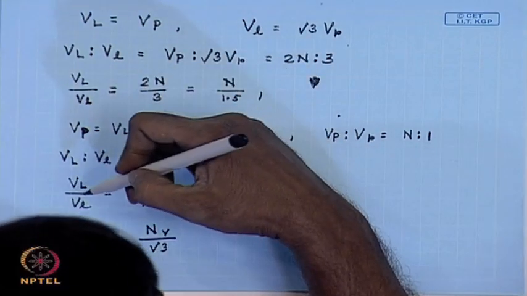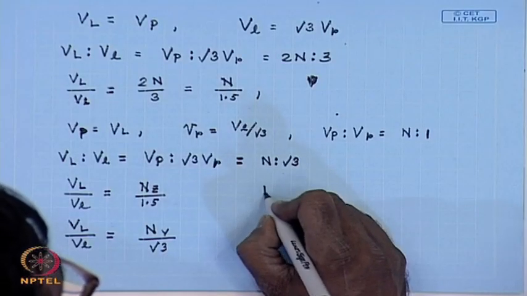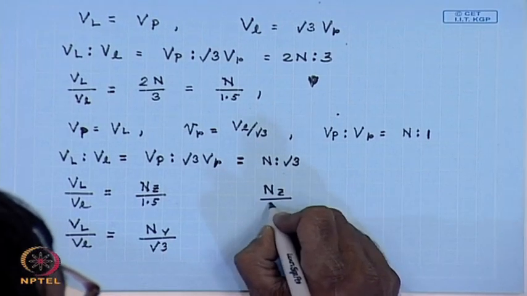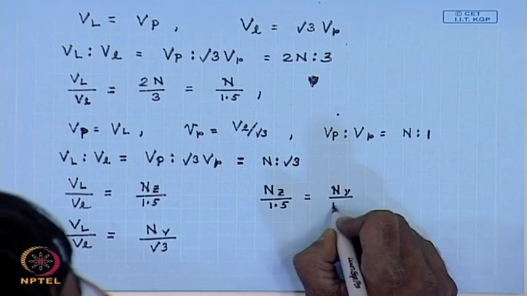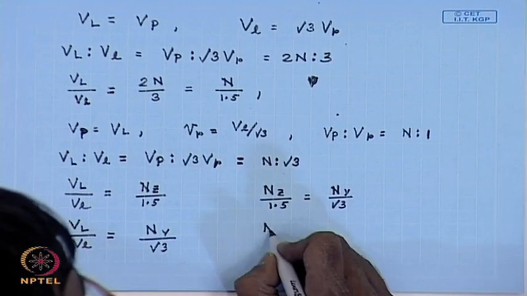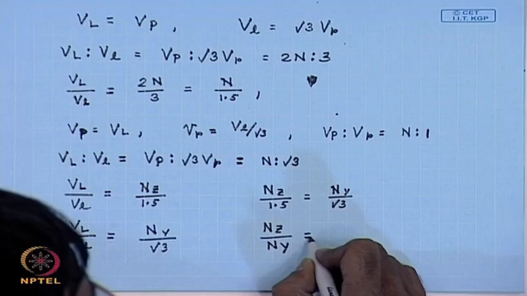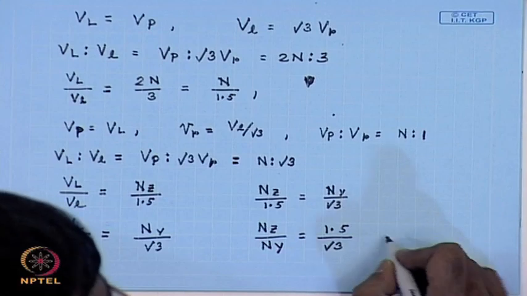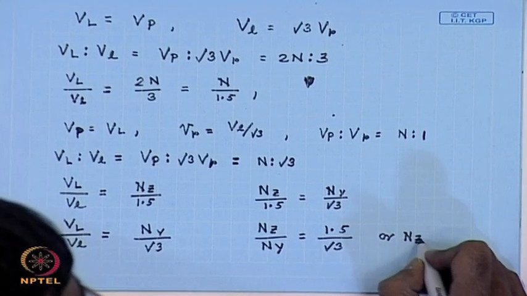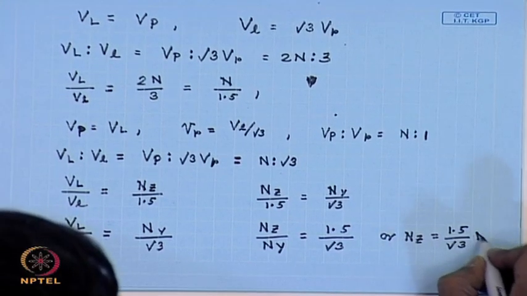Now, if in both cases the line voltages on the high voltage and low voltage side are the same, then we must have n_z by 1.5 equal to n_y by root 3, or n_z by n_y equal to 1.5 by root 3, or n_z equal to 1.5 by root 3 into n_y.